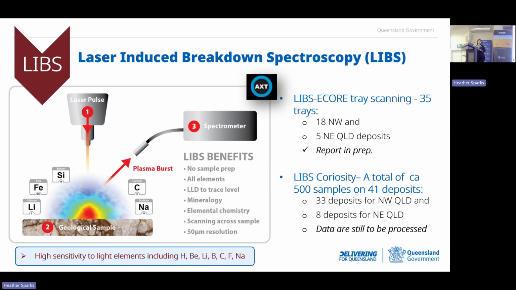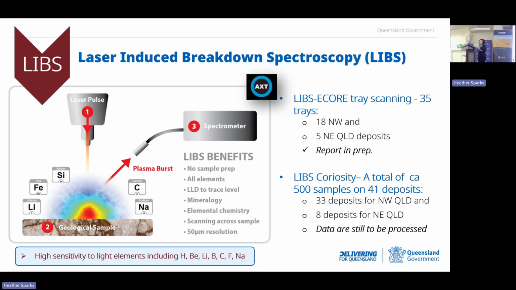So the first one is our LIBS exercise, which we did in close collaboration with AXT. LIBS stands for laser-induced breakdown spectroscopy. These are a couple of different instruments. Some instruments can do the core scanning, it's the LIBS Echo instrument, and the other one is LIBS Curiosity, which mainly focuses on relatively large samples.